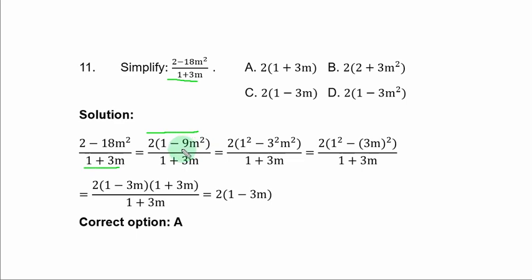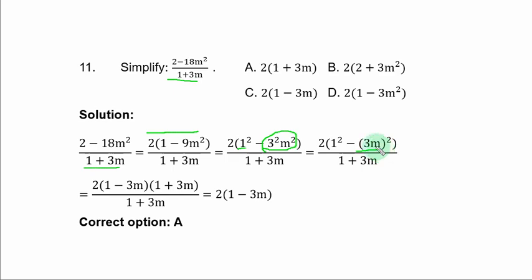You can write 1 as 1 squared, nothing changes. You write 9 as 3 squared, then m squared. Here simplifies to a single term. So you have 2 bracket open, 1 squared minus 3m all squared bracket close over 1 plus 3m.